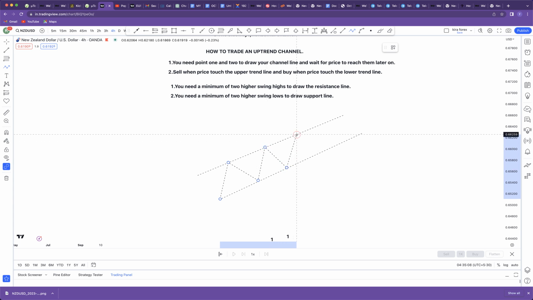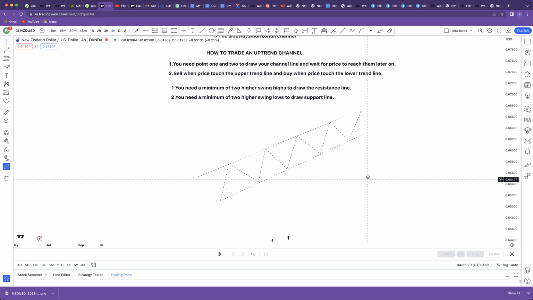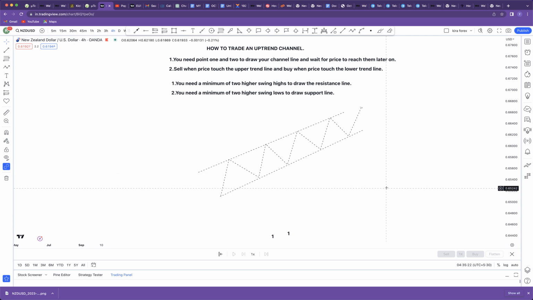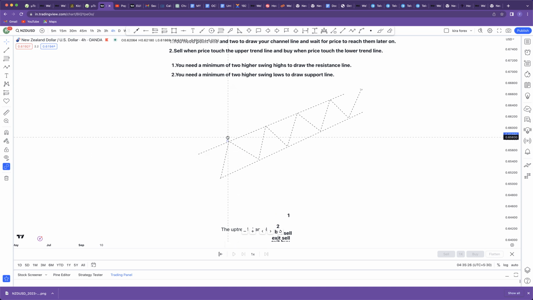An uptrend channel is almost the same as the uptrend structure, and a downtrend channel is almost the same as the downtrend structure. So in an uptrend structure, you need what? Point 1 and 2 to make the channel valid. You see where I've put the 1, and then you also need the 2.